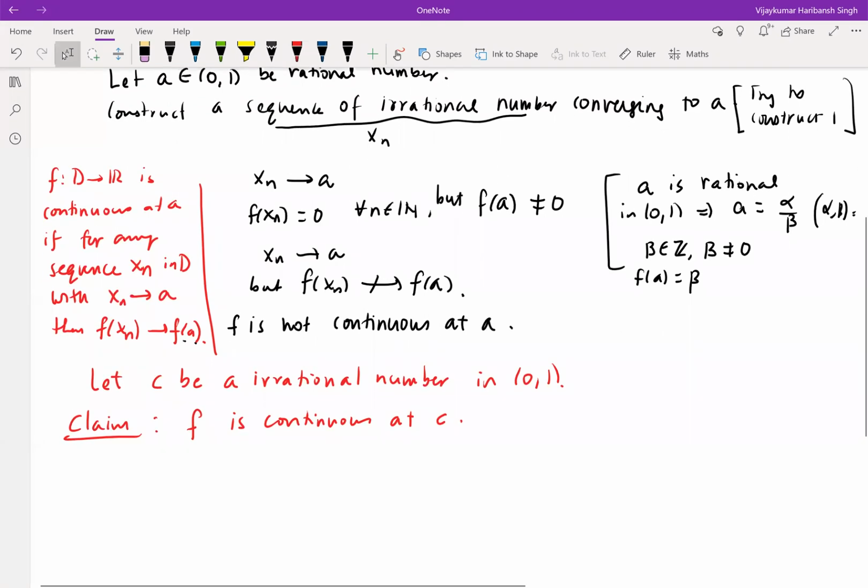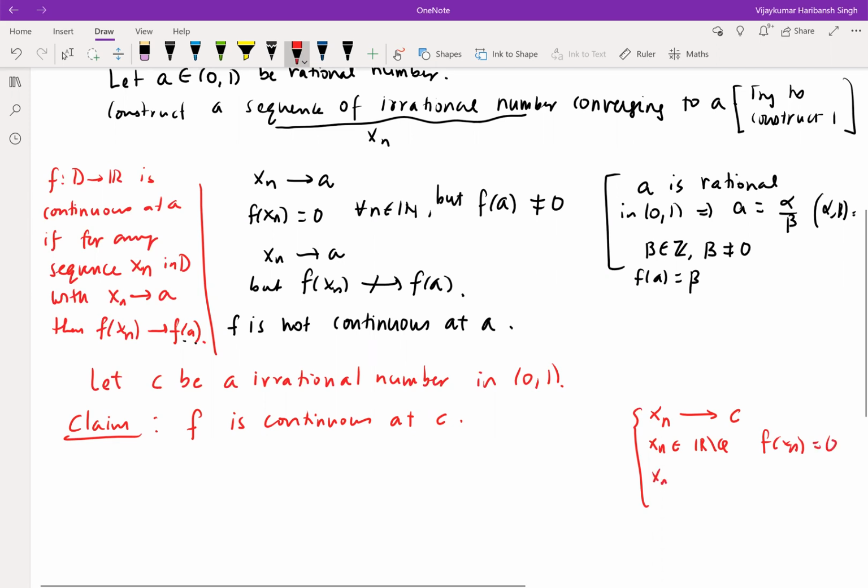So what is the idea behind it? Let xn be any sequence which converges to c. If xn is a sequence in R minus Q, that means xn is irrational, then f of xn is going to be 0, so that's not a problem.